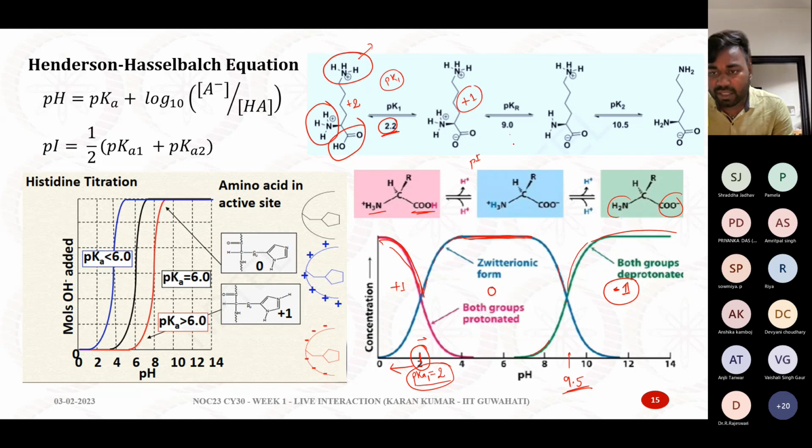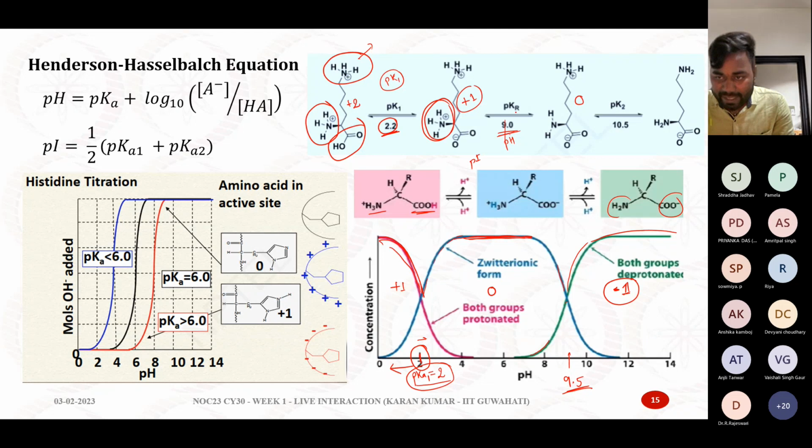But once you hit pH 9, the alpha amino group will also lose its proton, resulting in the zwitterionic form. Positive and negative, positive, negative, so the net charge is 0.